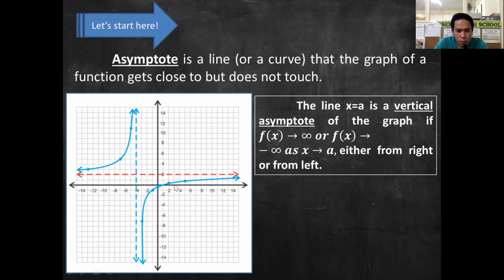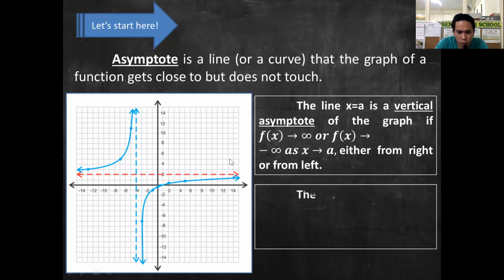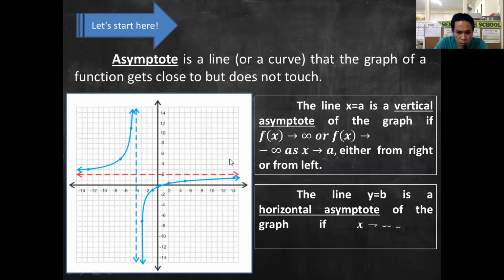Next. The line y is equal to b is a horizontal asymptote of the graph if x approaches positive infinity or x approaches negative infinity as f of x approaches b. So dito naman tayo sa ating red na broken line.